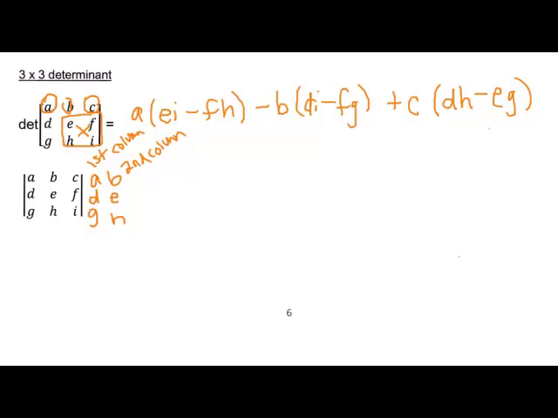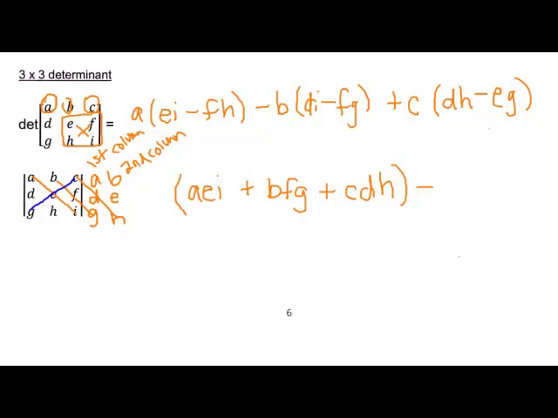So now what we are going to do is, on the diagonals, we're going to multiply. So we have A times E times I, and we're adding to that our second diagonal, B times F times G, plus our third diagonal, C times D times H. And we're subtracting from that the diagonals in the opposite direction.